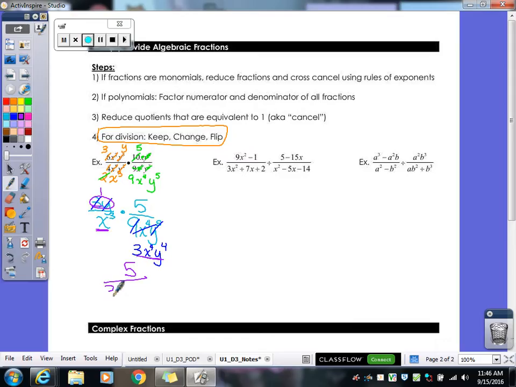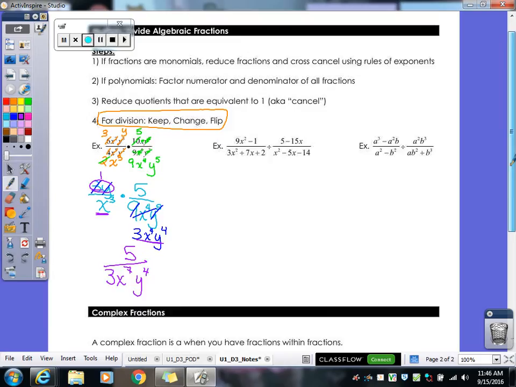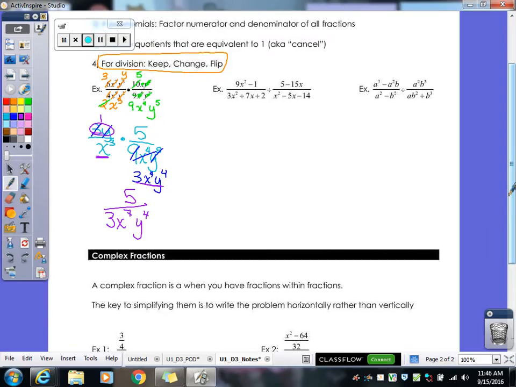So that gives us 3x to the 7th, y to the 4th. And that would be our final answer. There's nothing left to cancel. Can't reduce my 5 and my 3. I have my variables all in one spot. So then we're good.